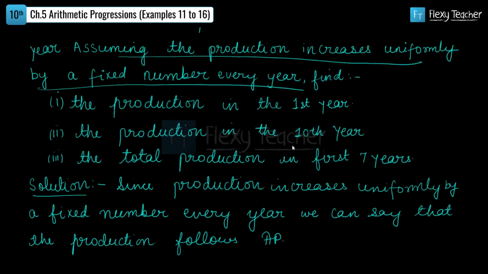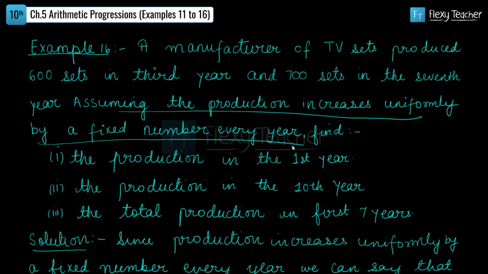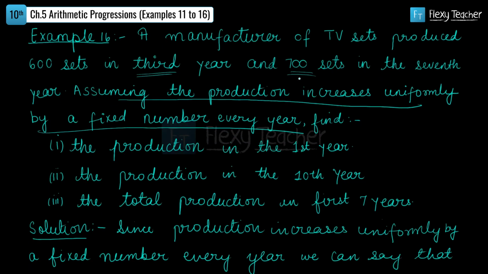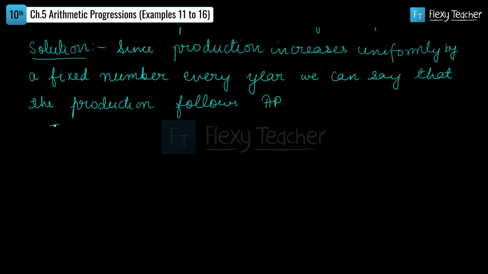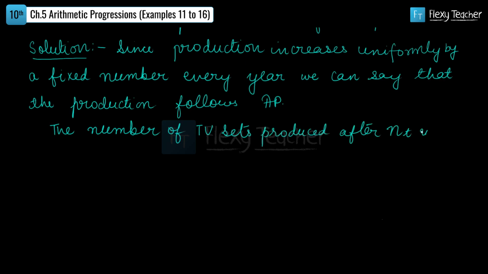Now what is given? It says that the production of TV sets is 600 in the third year, that is A3, and 700 in the seventh year, that is A7. Okay, let us write this also. The number of TV sets produced after nth year is equal to An.